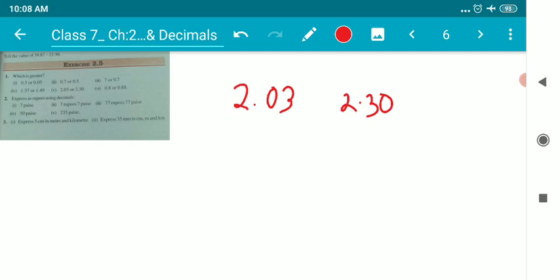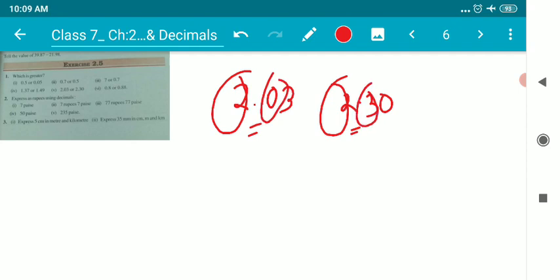So that process again we need to use. Here is 2, here is 2. I cannot make any comparison, both are the same. Next is point, here is point. No comparison. Okay. So here is 0, here is 3. As we can see, 3 is greater than 0.